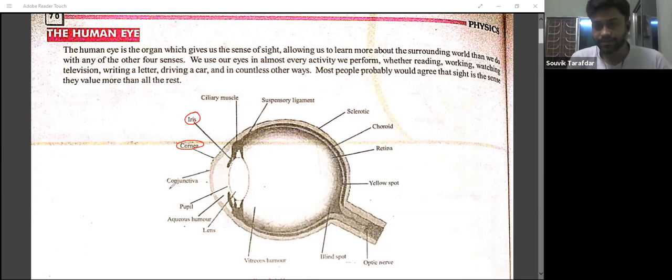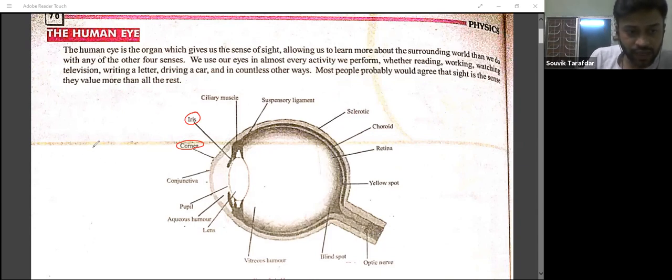Let me tell you. See, actually, if you see your eyes, it's like this. I'm not much good at drawing.